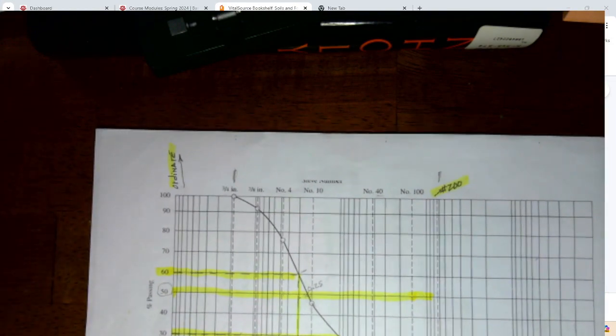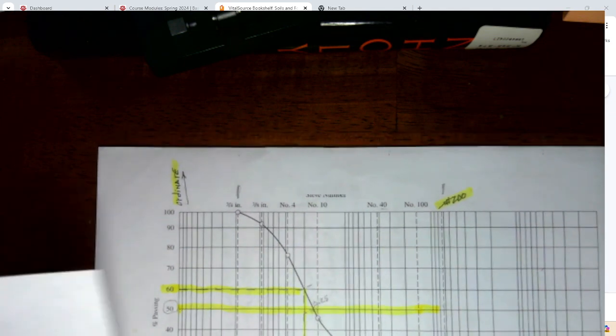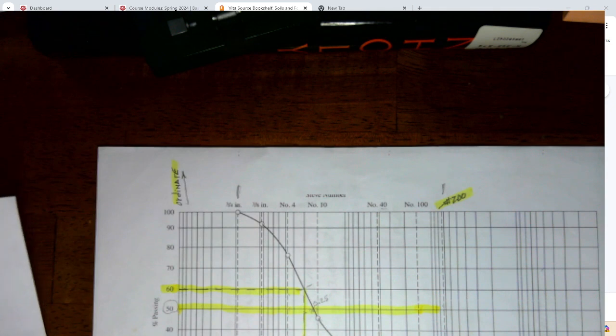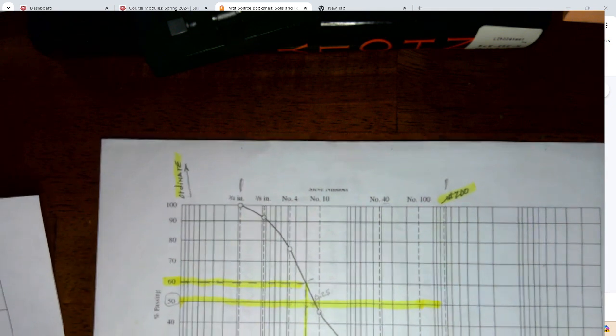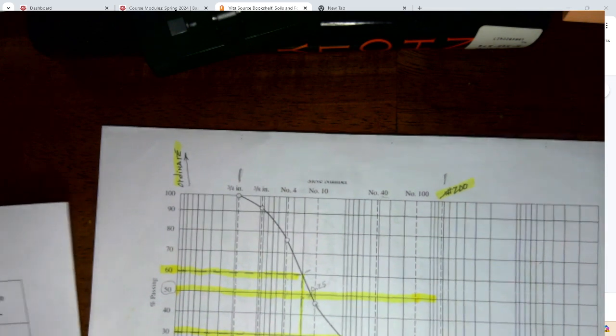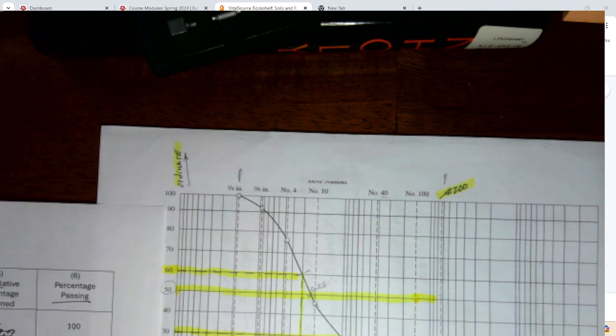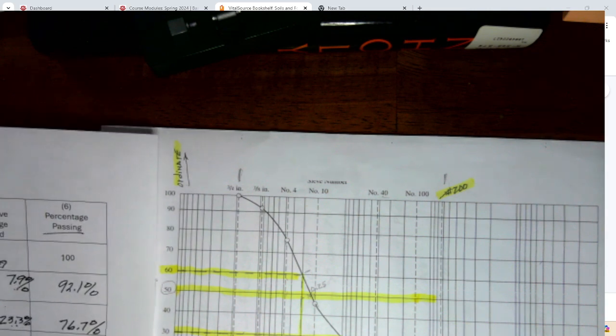The 3/4 inch, as you can see, is 100% passing. The 3/8 is, where's that? It is 92.1%. I don't think you can see these. 92.1%. Let's see if we can get this over in the limelight a little bit.